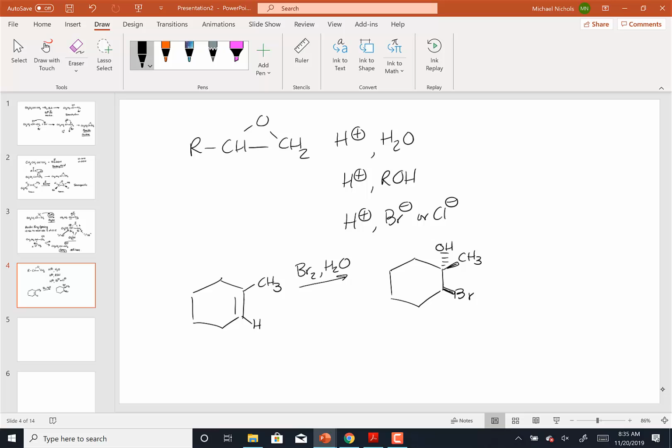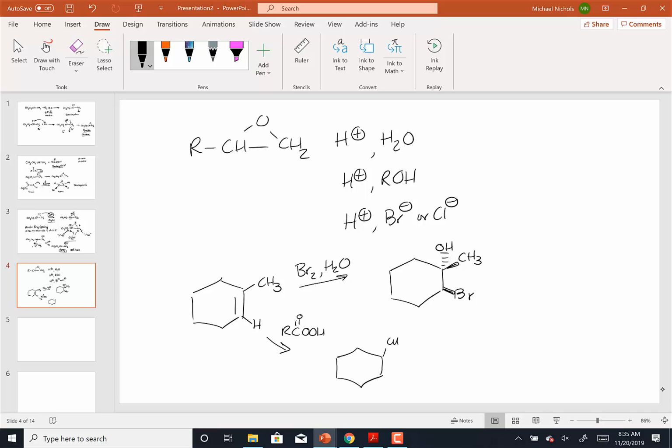But what if I wanted to make the opposite product? What if I wanted the bromine to be attached to the top and the OH attached to the bottom? How would I do that? Well, let's say I use a peroxy acid here, and I make the epoxide.